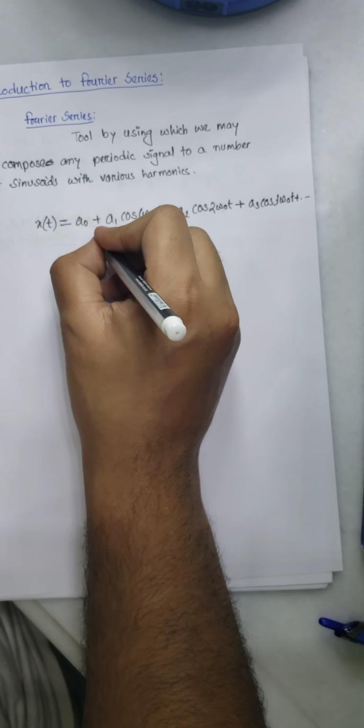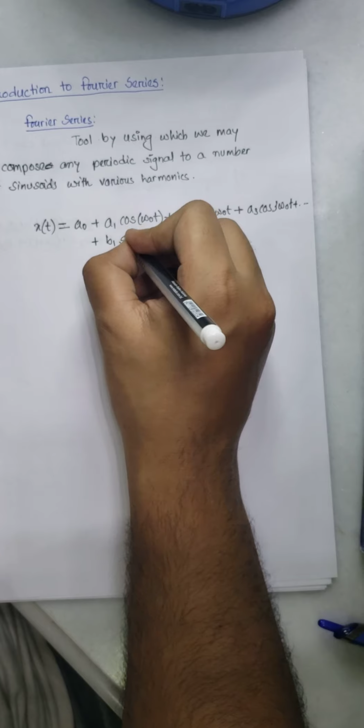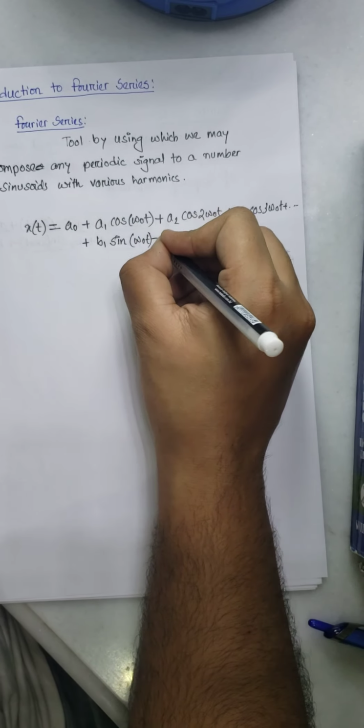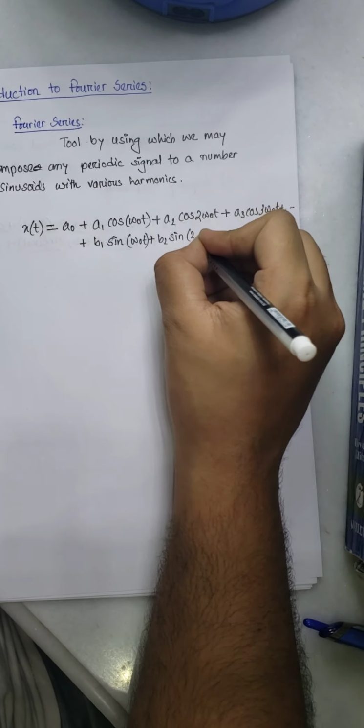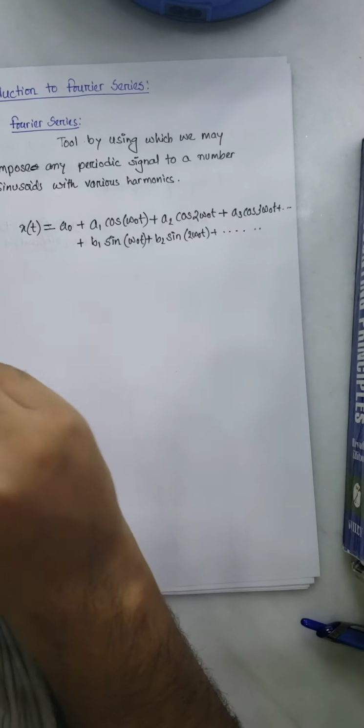Plus there will be some other components of sine functions, that is b1 sine of omega naught t plus b2 sine of 2 omega naught t, and so on and so forth.